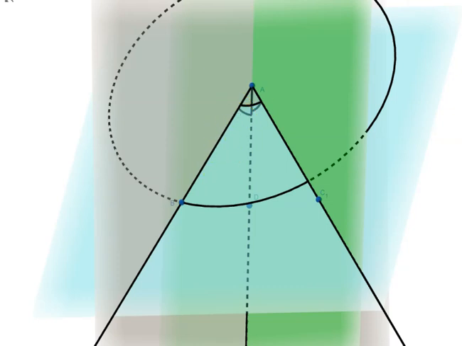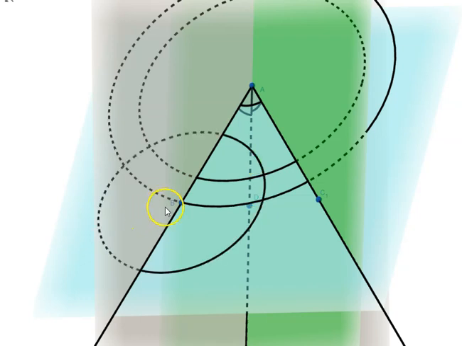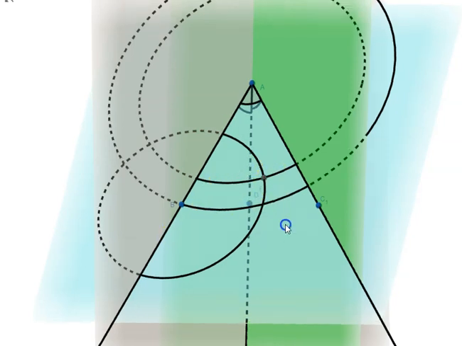Next, we draw a circle with the center at A and AD as the radius. Then we draw a circle with B as the center and BD as the radius. And then we mark the intersection of the circles so that we get AE.